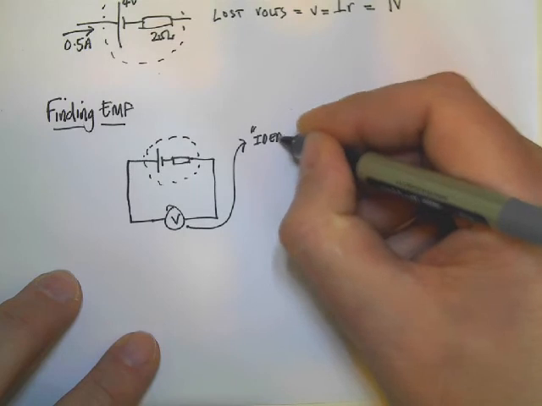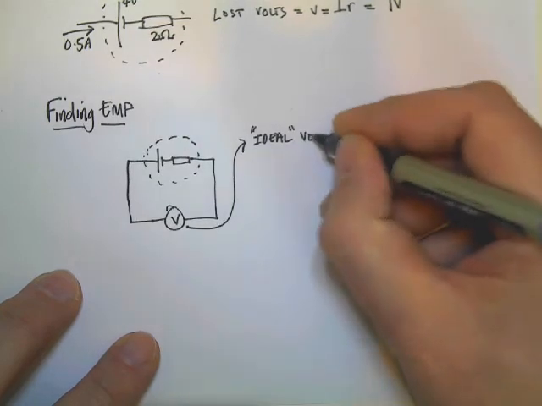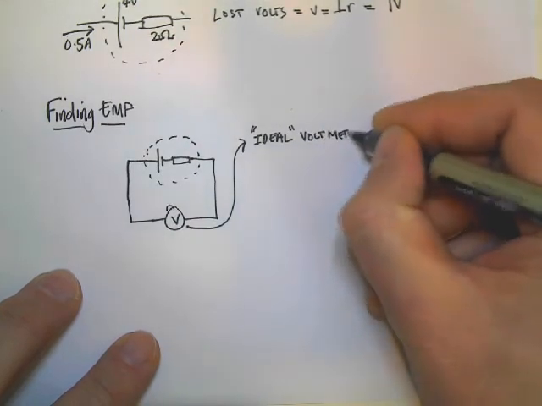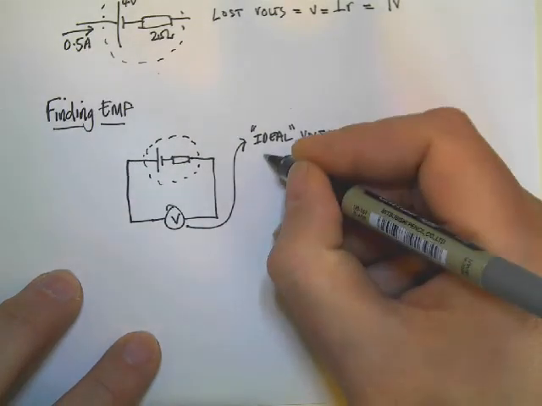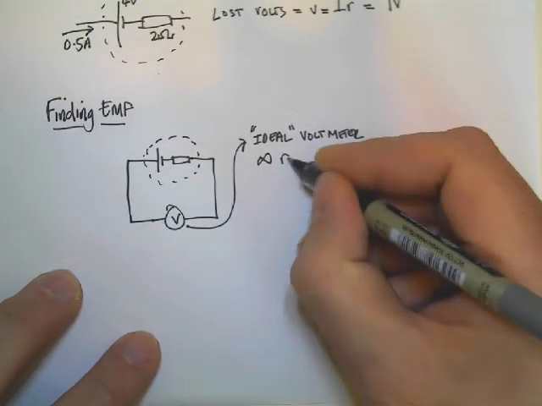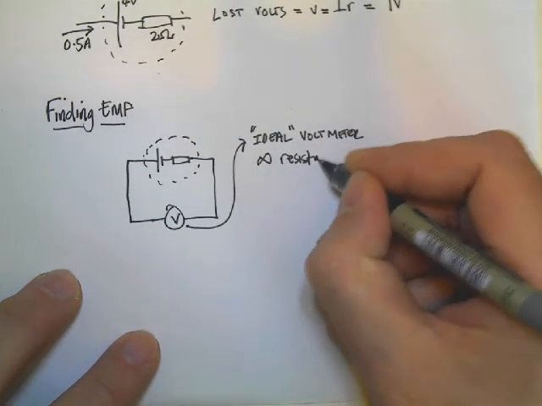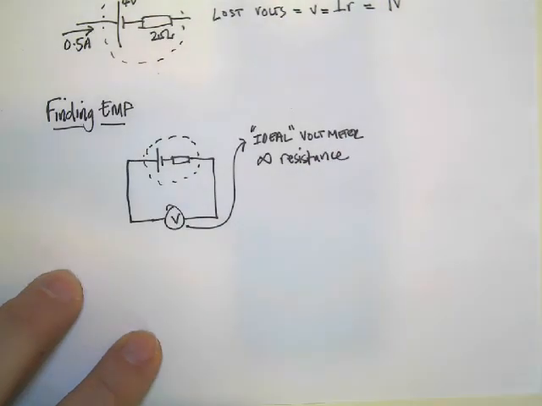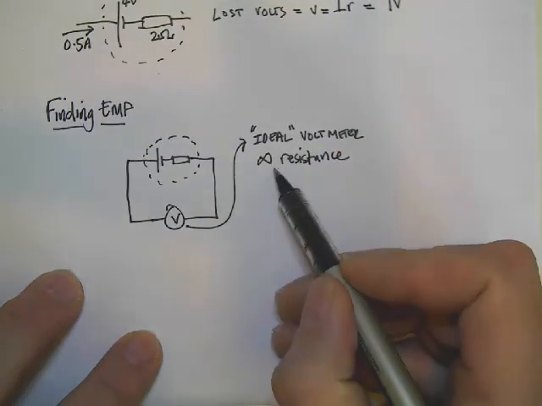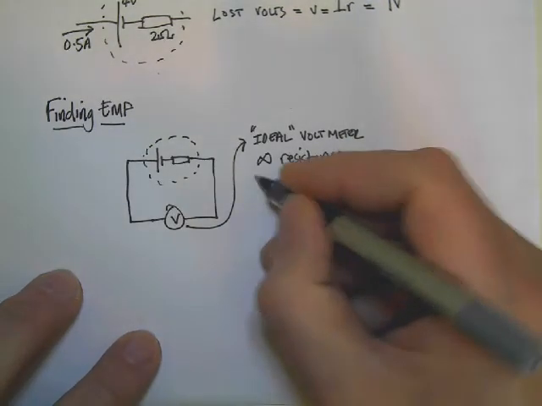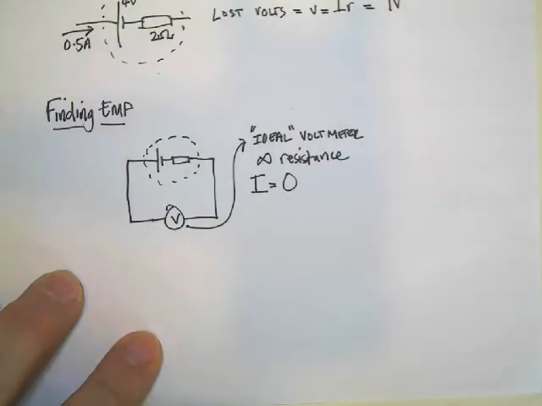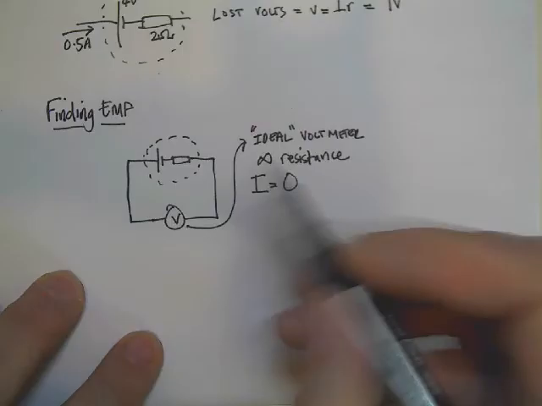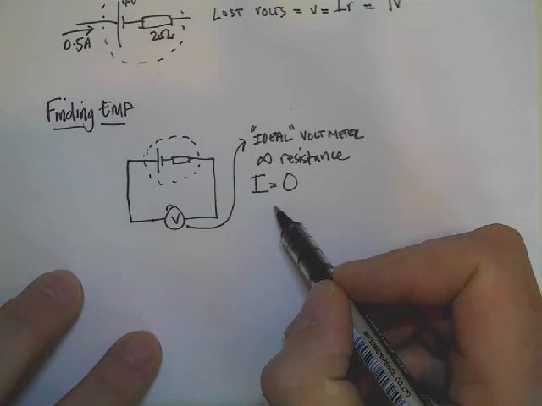Now this only works if it is an ideal voltmeter. Hopefully you know what that means. It means that the voltmeter has infinite resistance, and if it's got infinite resistance, the current is going to equal 0.